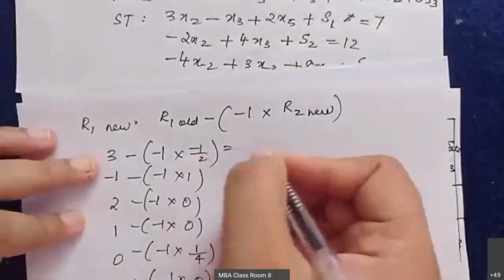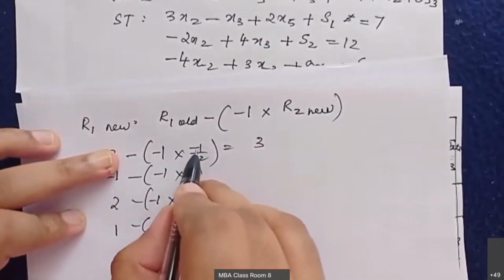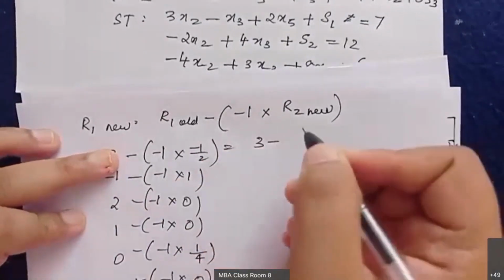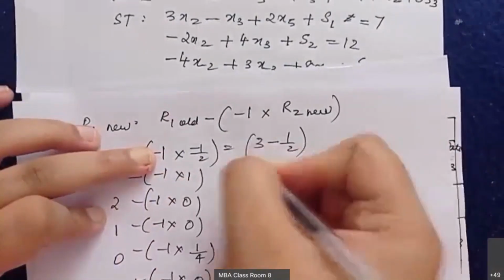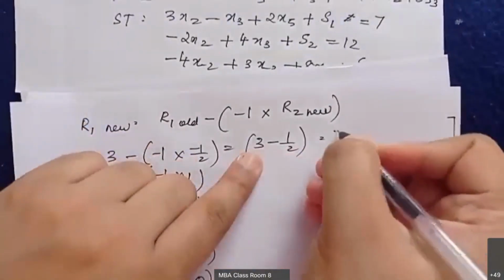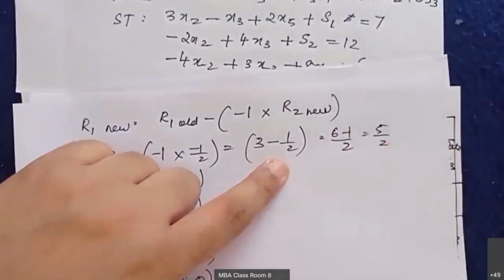So just do this. 3, here we have minus into negative into negative, in effect a negative number. 1 into 1 by 2 is 1 by 2. Which is equal to 3 into 2 is 6, minus 1, divided by 2, which is 5 by 2. The same answer you will get in the calculator.